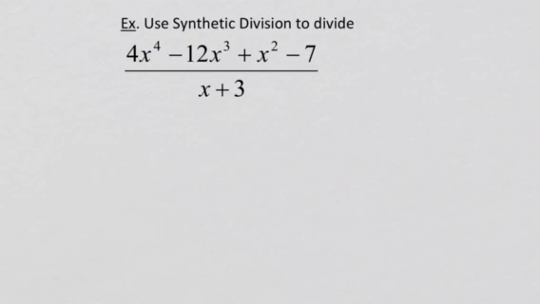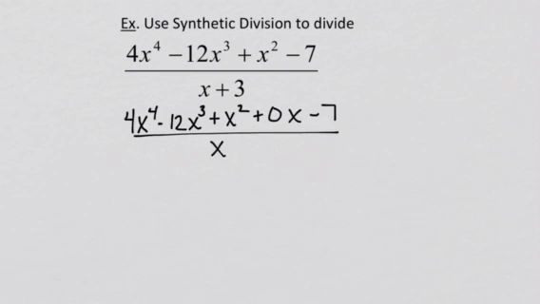So we'll rewrite this problem to read 4x to the 4th minus 12x cubed plus x squared plus 0x to fill the spot where x should be, minus 7 divided by x plus 3. It'll help us set up our synthetic division properly.